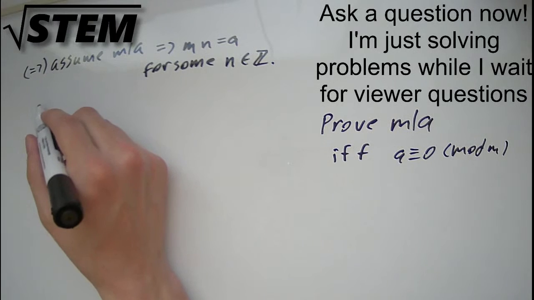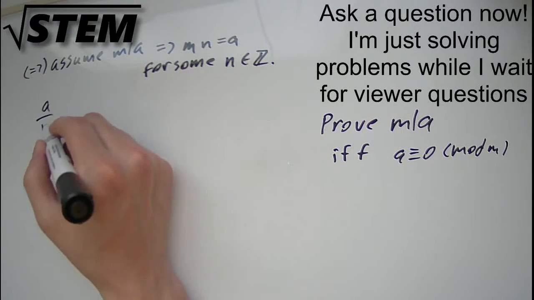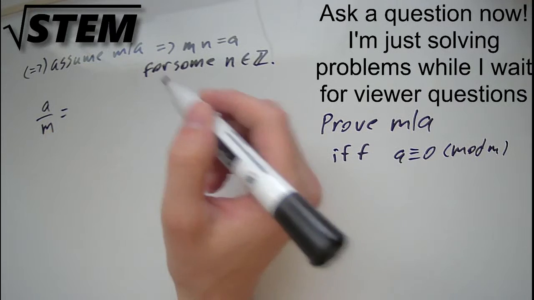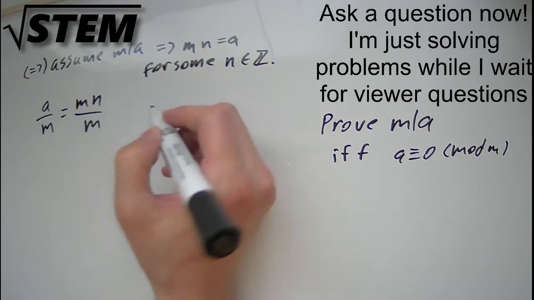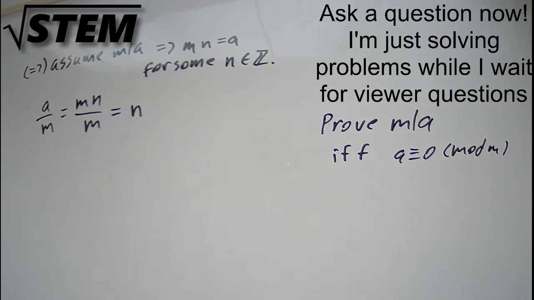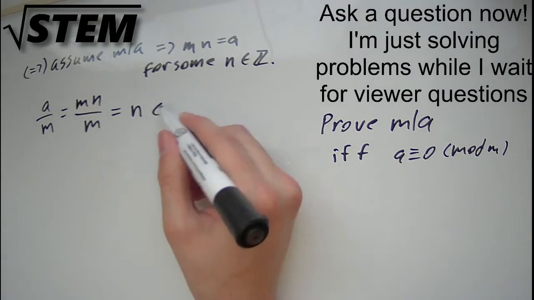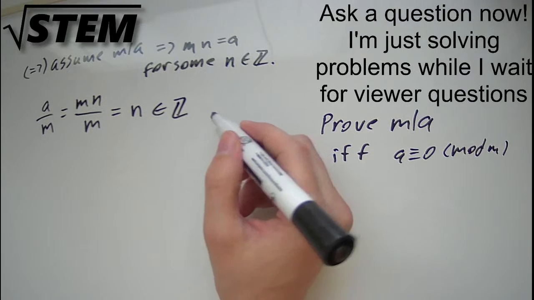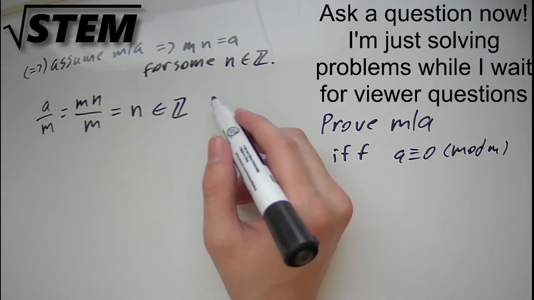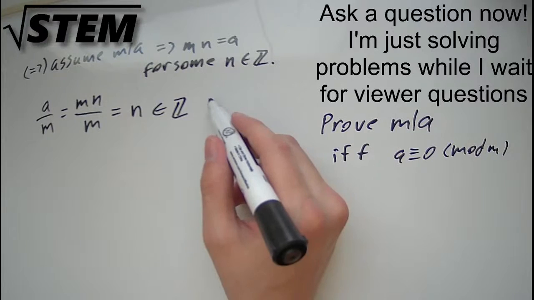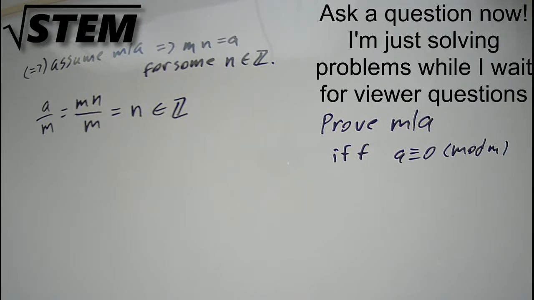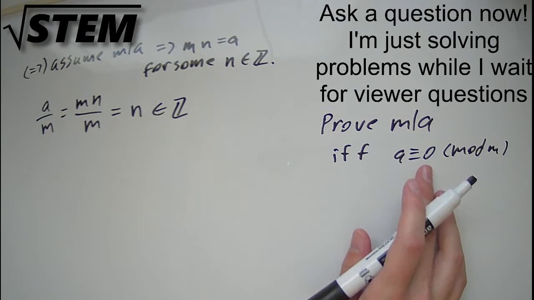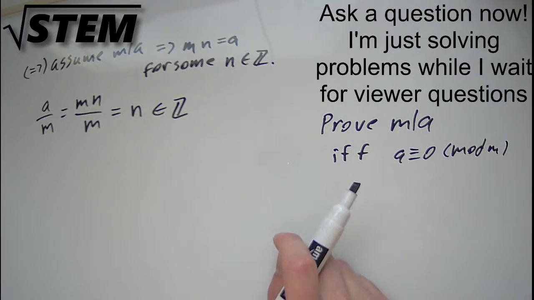Because now if we look at a over m, that's now the same as saying mn over m, or just n, which by closure, this is an integer. There is no remainder. So I think that by definition should mean that it's congruent to 0. Let me see.